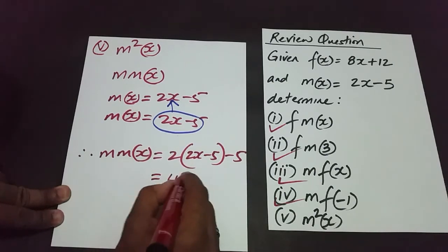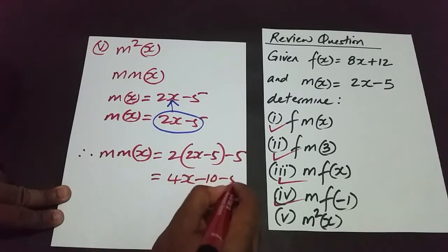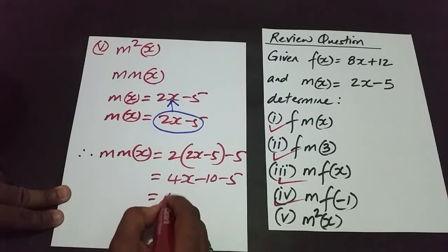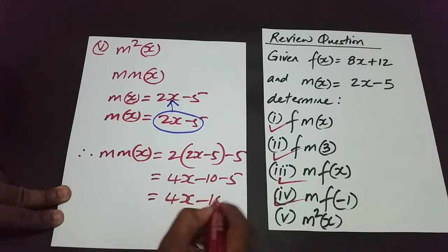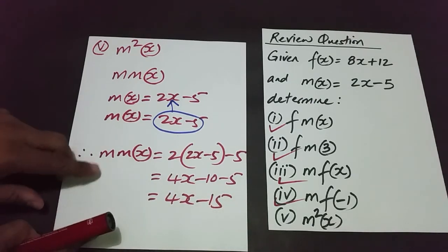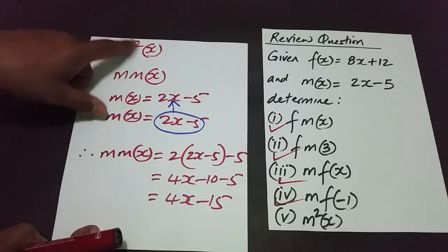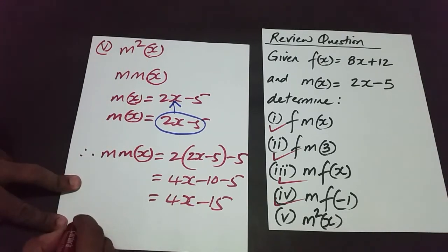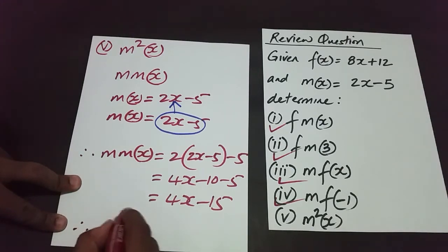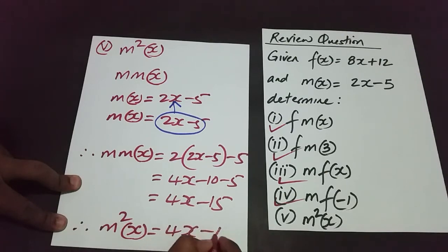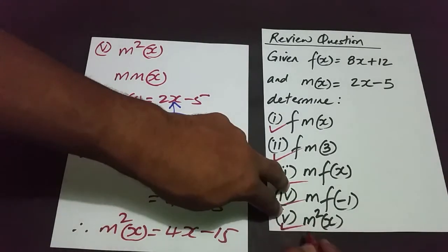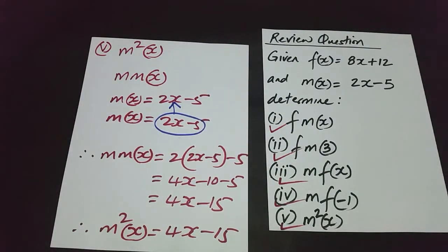So this is going to be 4x minus 10 minus 5, which is equal to 4x minus 15. And since m of m of x is this, and m of m of x is the same as m squared x, then, therefore, m squared x is equal to 4x minus 15. And that will take care of part 5 of the question.